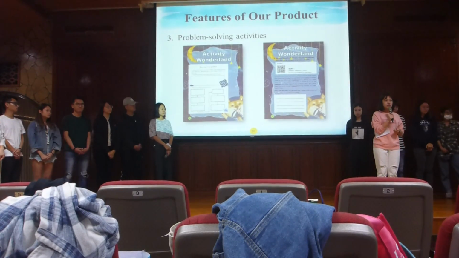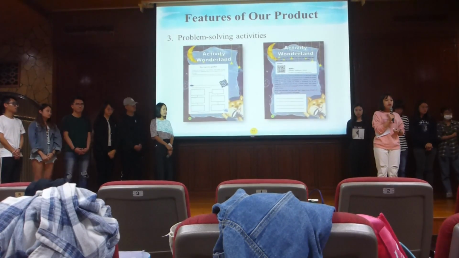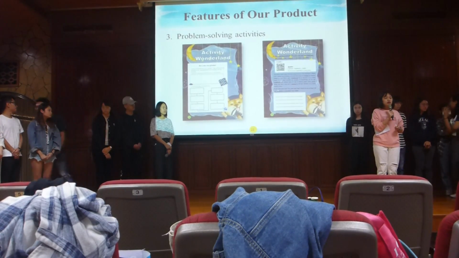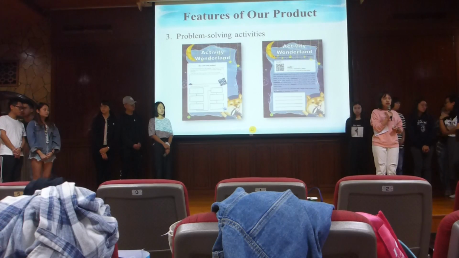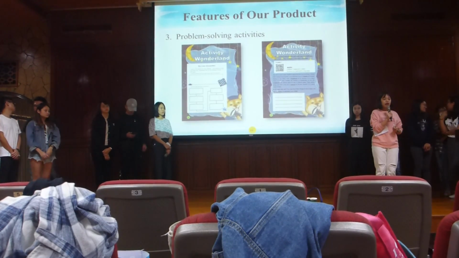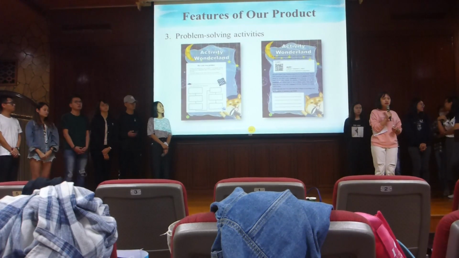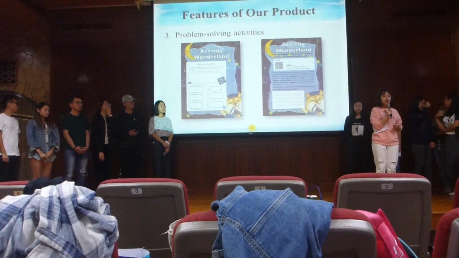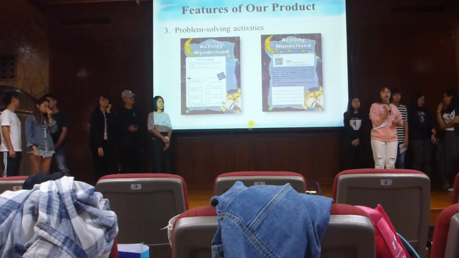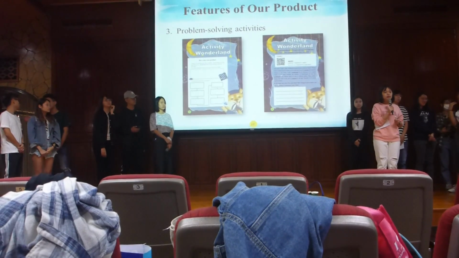The third one is problem-solving activity. We have activity wonderland in each lesson. According to different topics, we design a variety of activities. The biggest difference between our activity and other English magazines and textbooks is that most of them focus on language form and meaning.